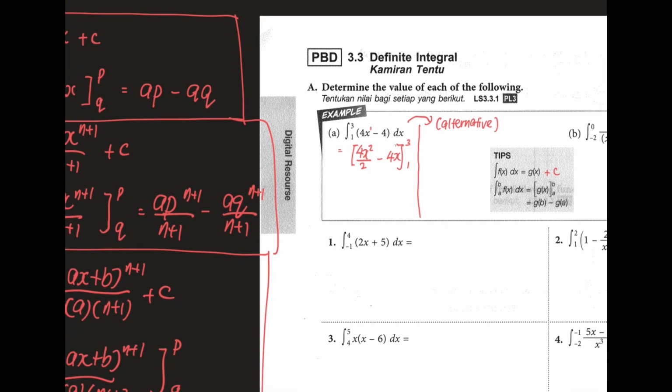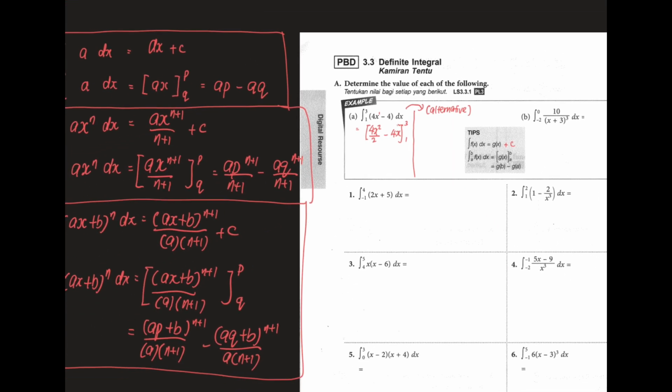So like what I said, you can also use the third formula. You assume ax plus b to the power of 1, you know. So for this case, 4x minus 4 to the power of 1. Based on the formula, it becomes 4x minus 4 to the power of 2 divided by 2 divided by 4.